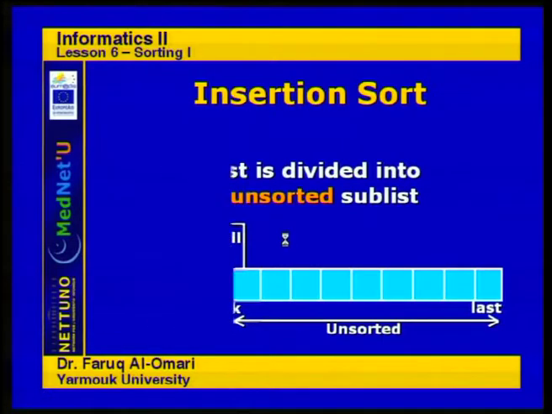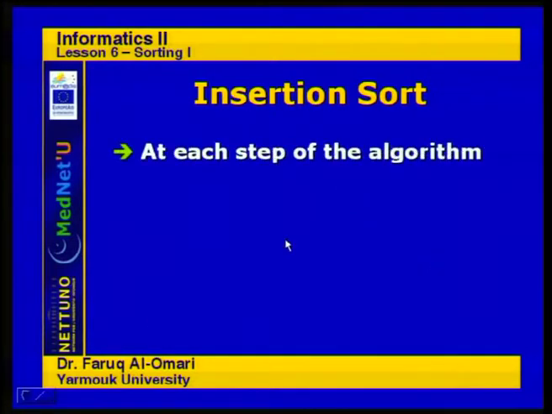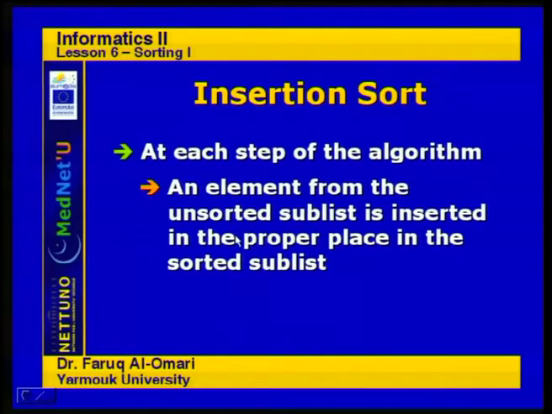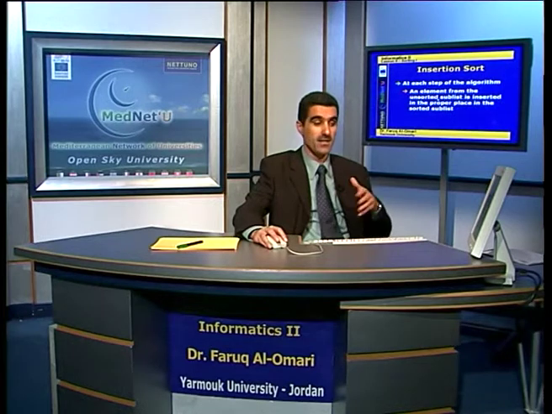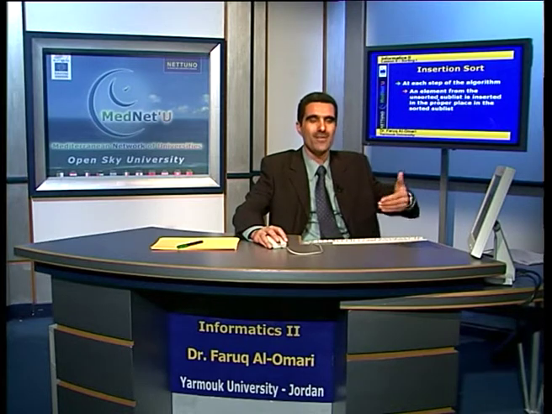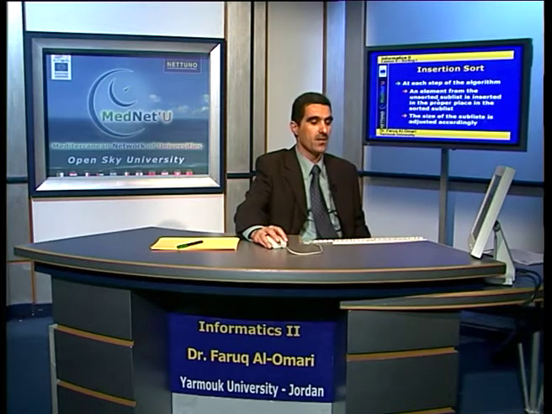So, given that, the way the algorithm goes is like this. At each step, the element from the unsorted sublist is inserted in the proper place in the sorted sublist. And the proper place is the key in this whole thing. We need to find it. I need to make lots of comparisons to find that proper place.